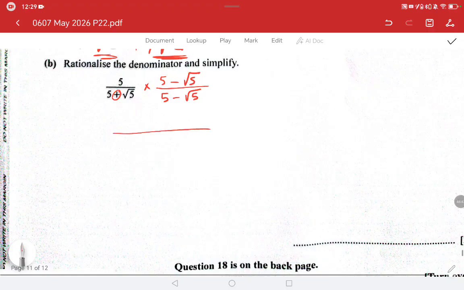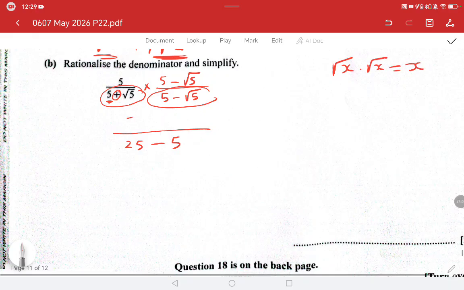Now this is like the difference of two squares, like 5 times 5 is 25. Positive times negative is negative, and square root of 5 times square root of 5 is 5. As we mentioned before, square root of x times square root of x equals x. So this one will be 5 times (5 minus square root of 5).